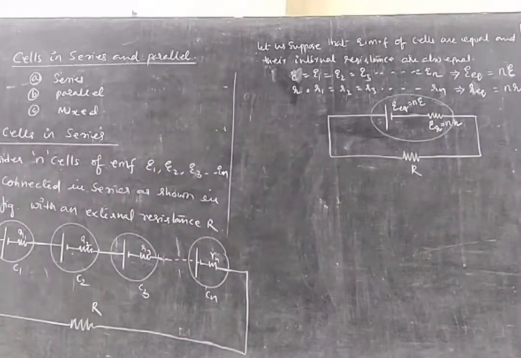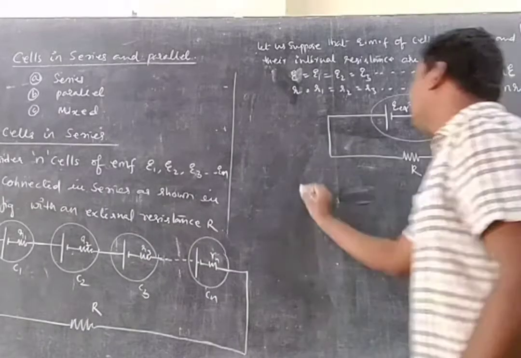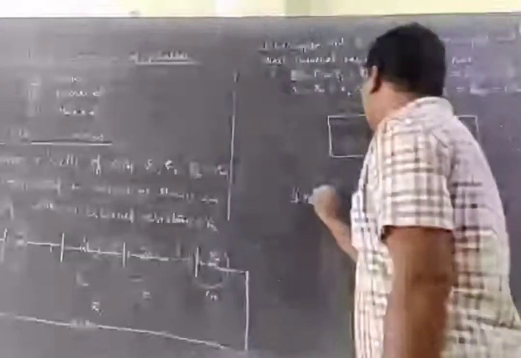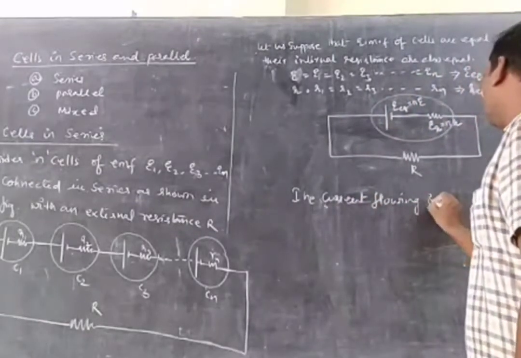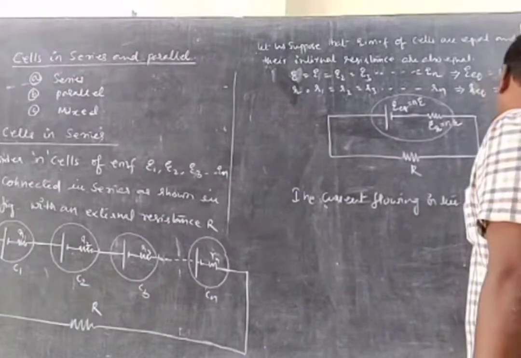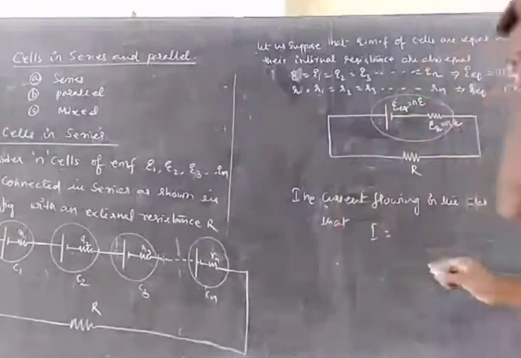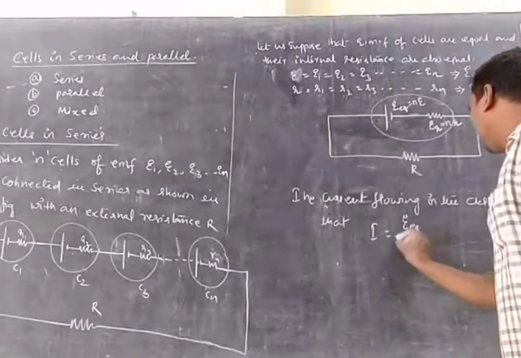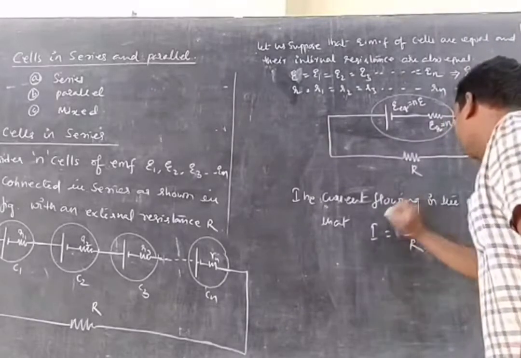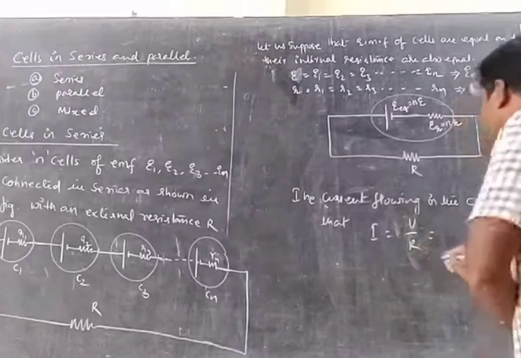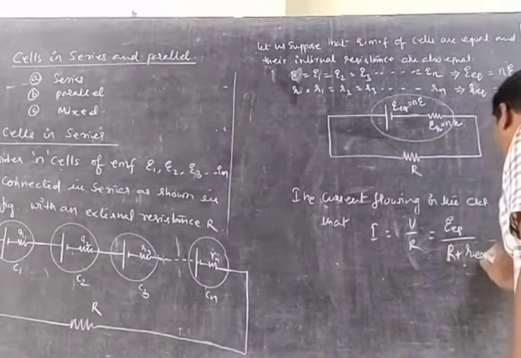So the current flowing in the circuit is denoted by I. Therefore, let I be the current flowing in the circuit such that I is equal to V by R, which is equal to E equivalent by R plus r equivalent.